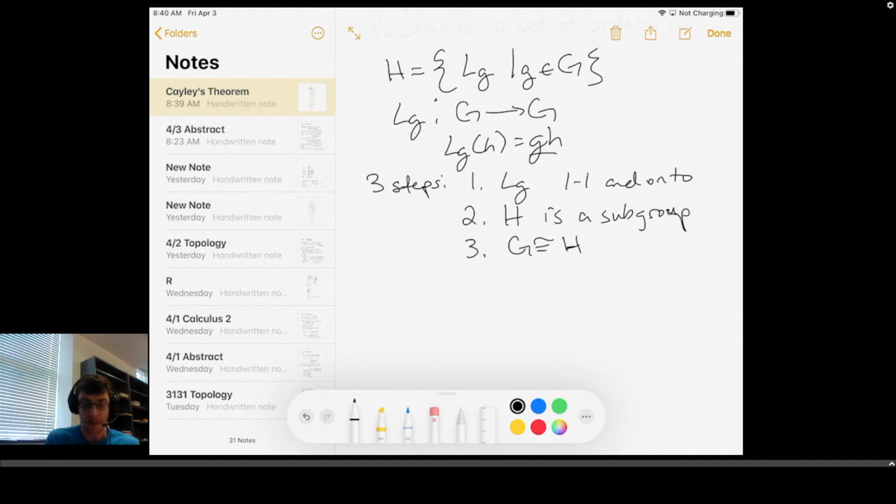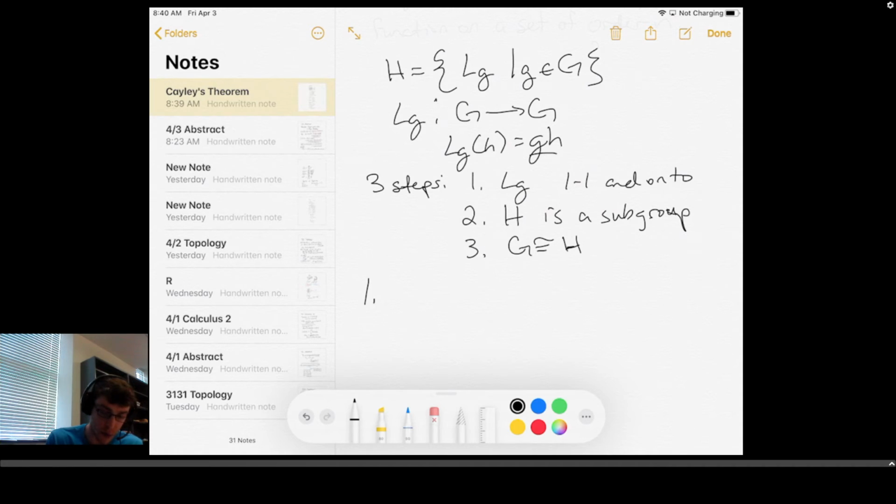Okay, so L_g being one-to-one and onto follows pretty quickly from how groups work and multiplication, right? It's essentially the fact that every element shows up exactly once in each row and column in the Cayley table. But we can be more explicit.